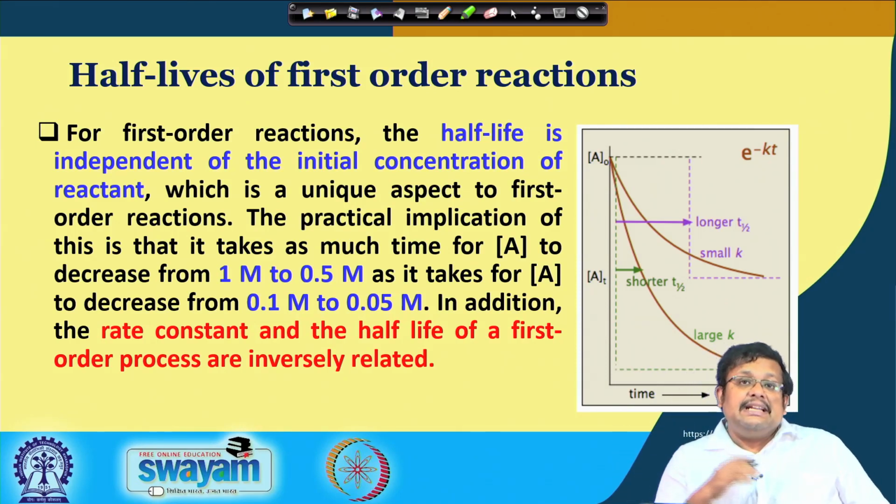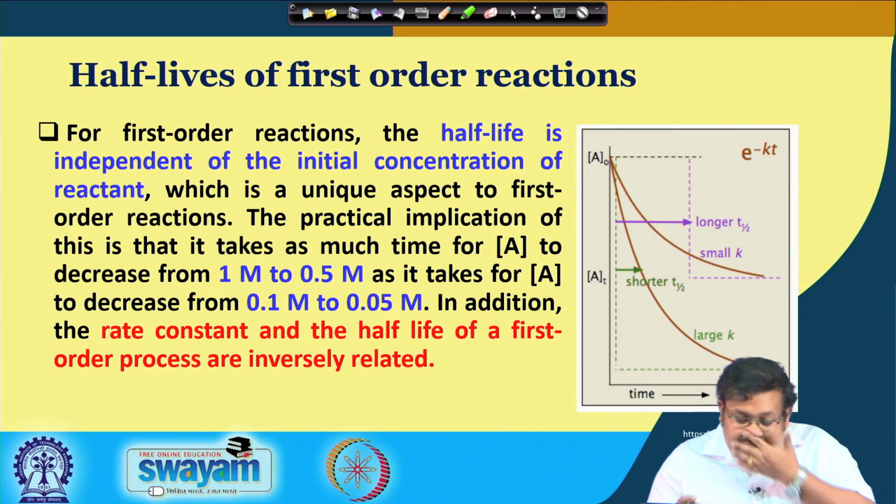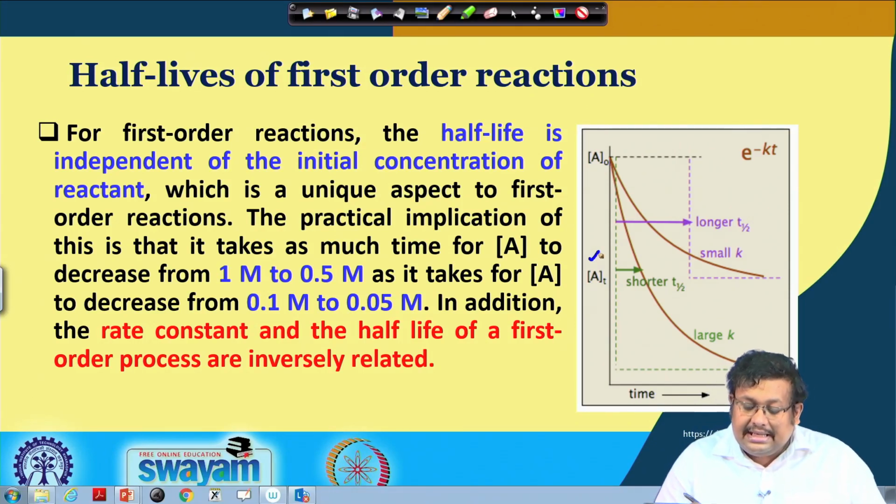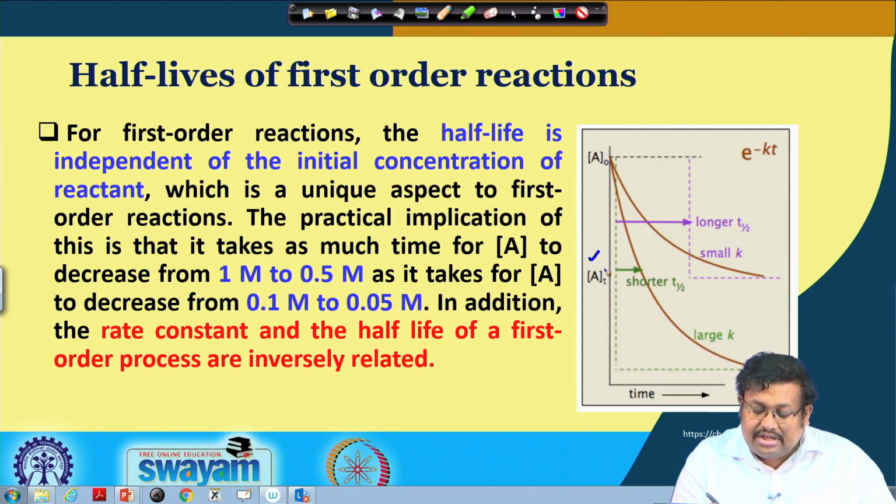In addition, the rate constant and the half life of first order processes are inversely related. As you can see in this graph, we plot the time t and the concentration of the reactant, where the intercept is the initial concentration.